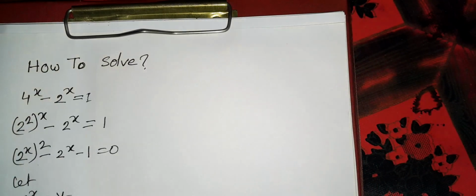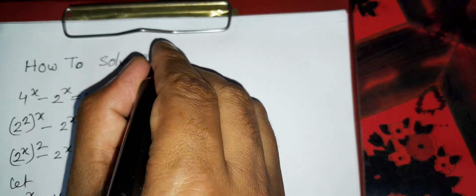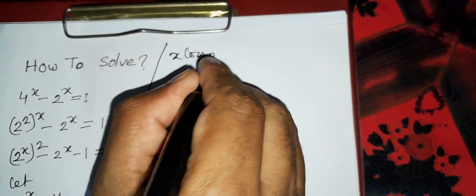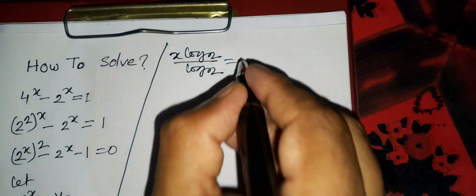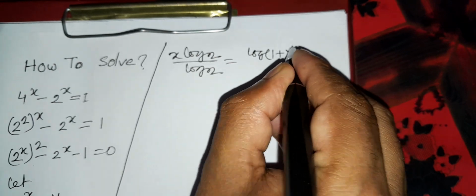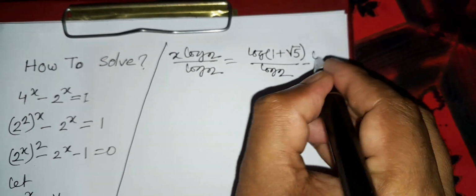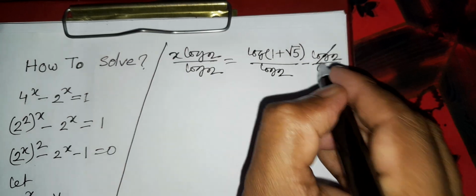Now we divide both sides by log 2. x log 2 by log 2 equal to log (1 plus root 5) by log 2 minus log 2 by log 2.